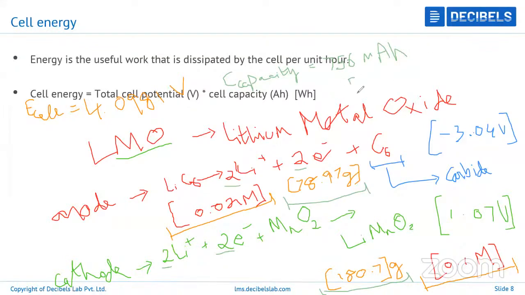The energy will be 3,107 watt hours. So this will be your answer for this lithium metal oxide. These are the values.